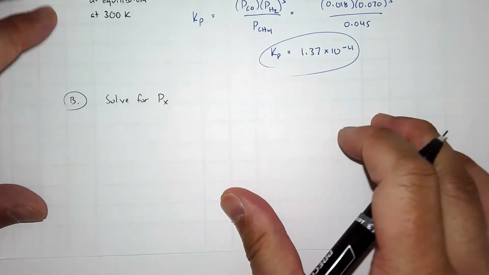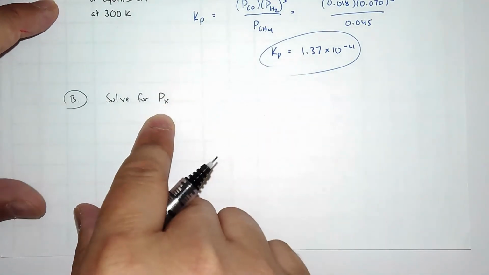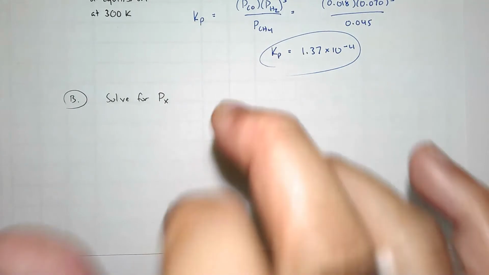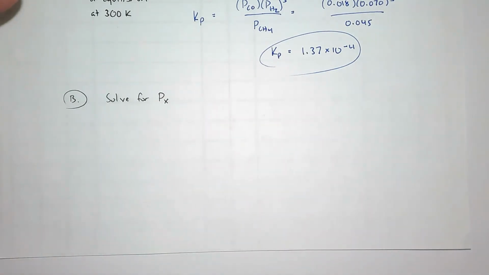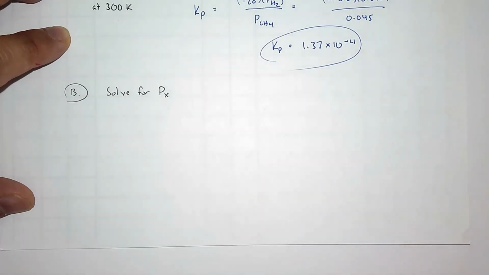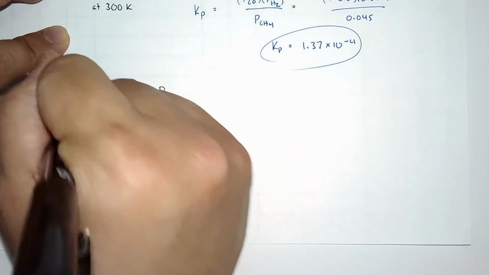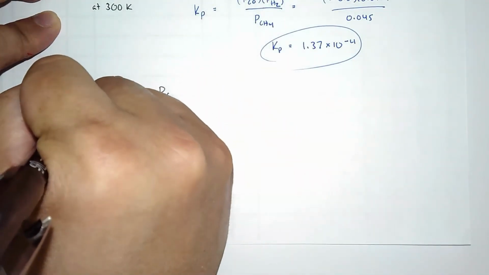It's going to get complicated later. Right now we're going to solve for one of the partial pressures. You actually can solve for multiple partial pressures for different compounds, but that is a little more complicated and will be discussed later. This is problem number 2.